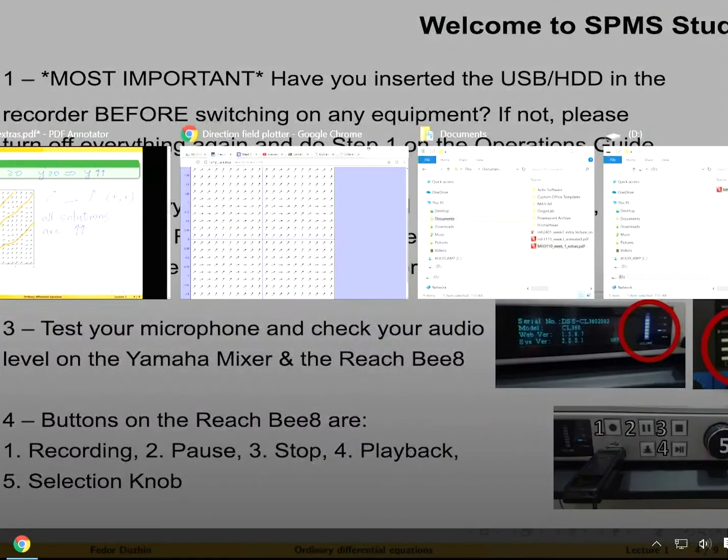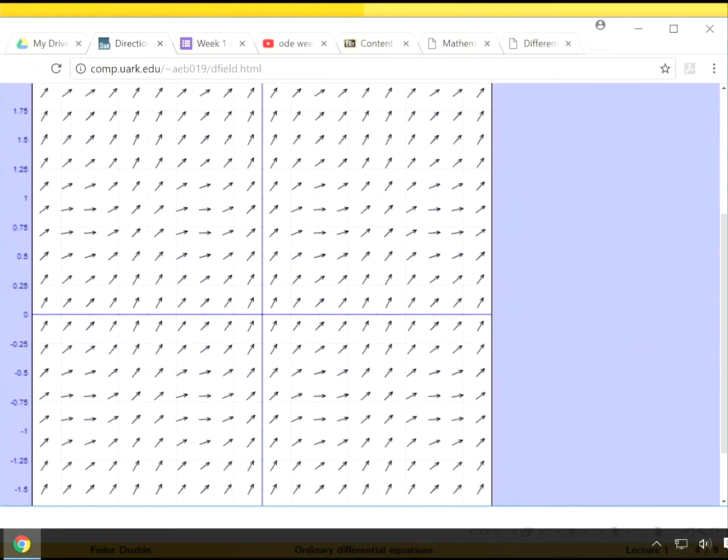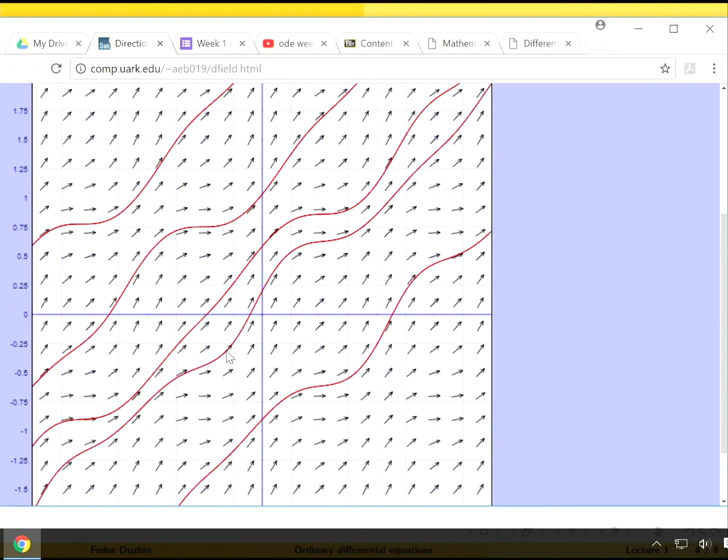Yeah, and of course you can verify it. If you go to this online direction field plot, then you can play with solutions a little bit and see how they follow the arrows, and that all of them are indeed increasing functions.